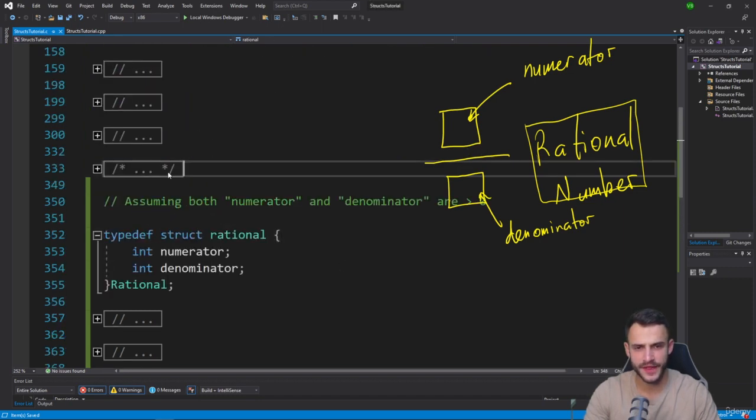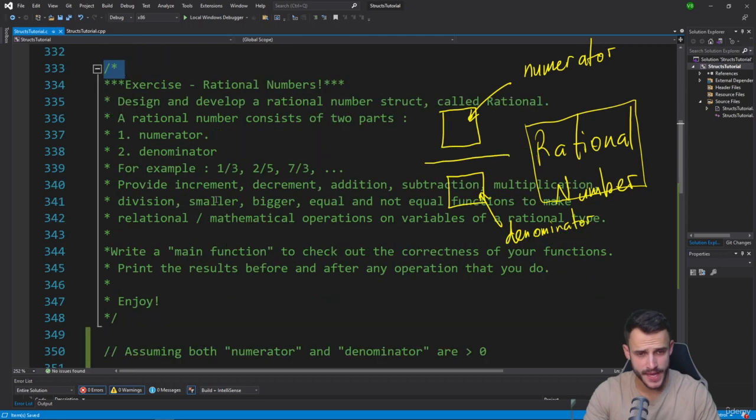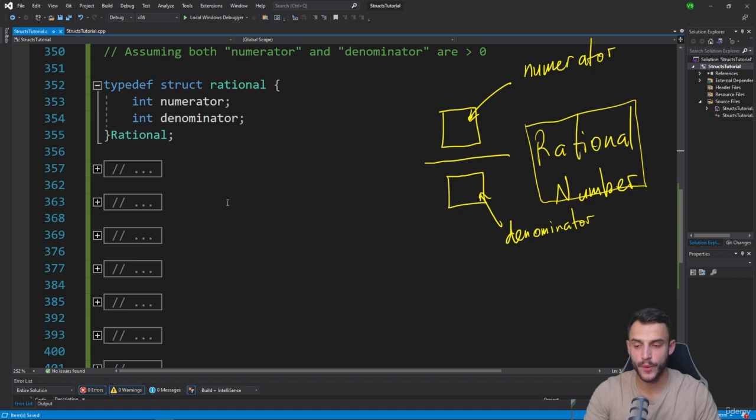And the first function that they asked us to make is the increment function. So if we want to write down a function that should work on a rational variable and increment it by 1, we first of all need to understand the process of working with increment. And the way to do that is simply writing down increment.